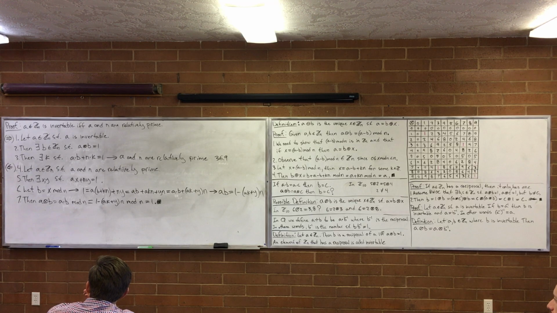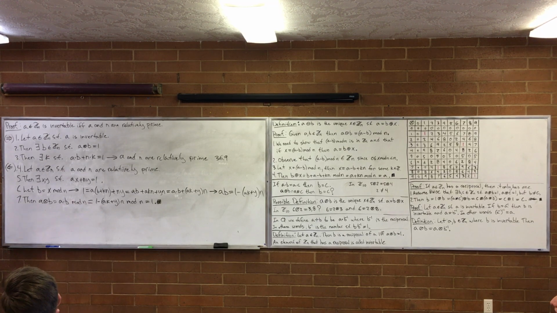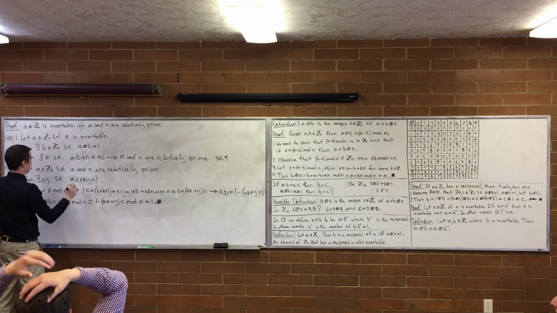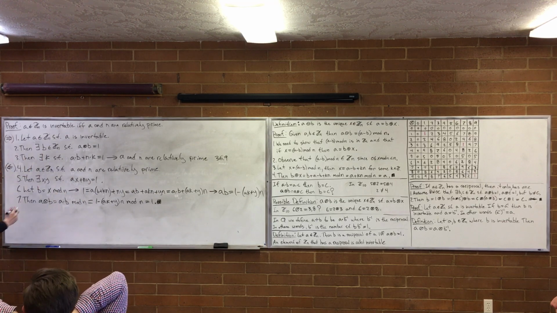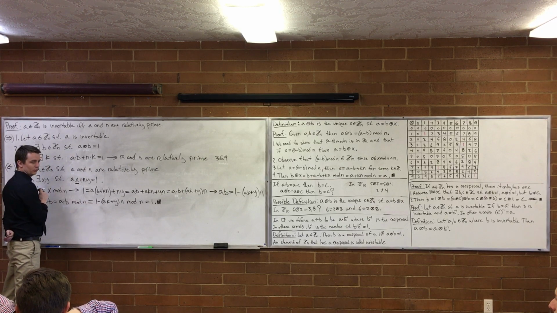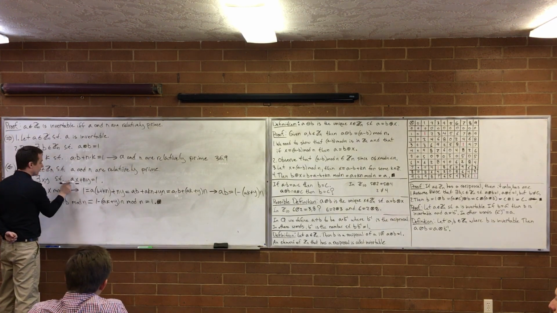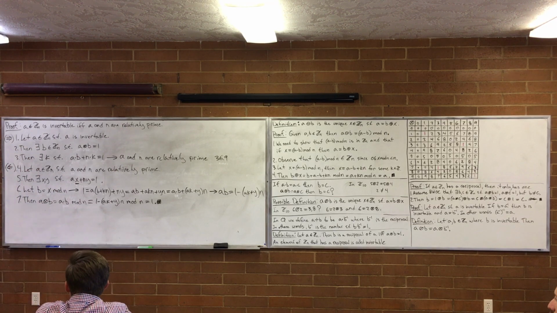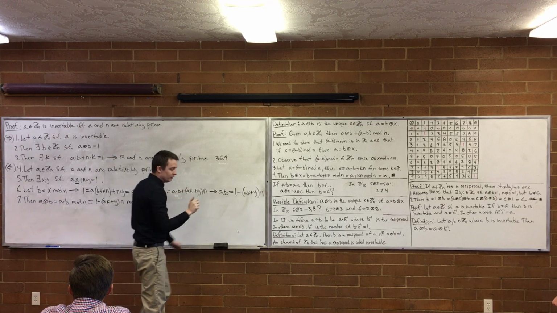Okay. So A in Zn is invertible if and only if A and N are relatively prime. Since we know that, this kind of gives us a way to start finding these things. We knew that whatever this X mod N was the inverse of A. Because now a common problem from here on out is going to be, what is the inverse of this number in this system?